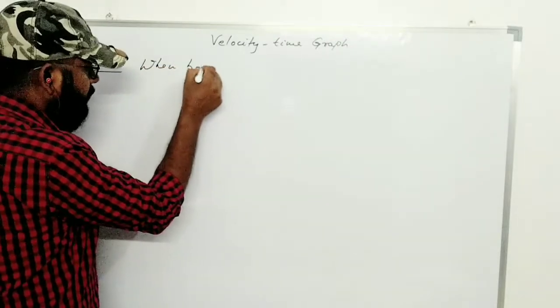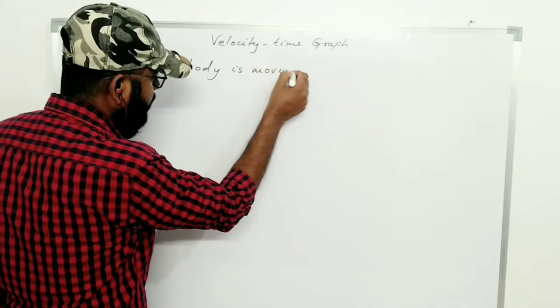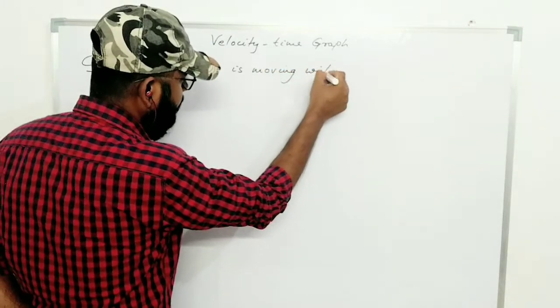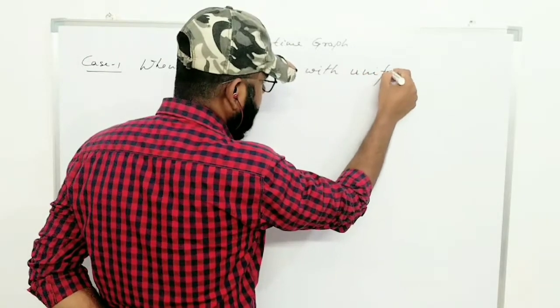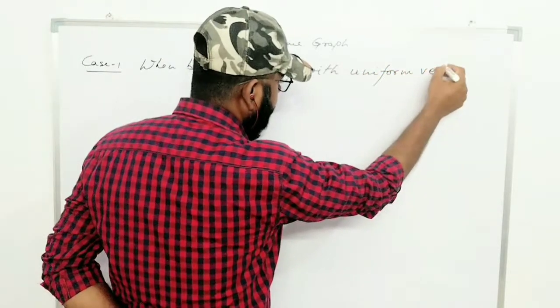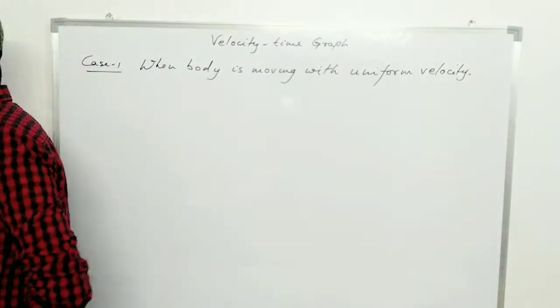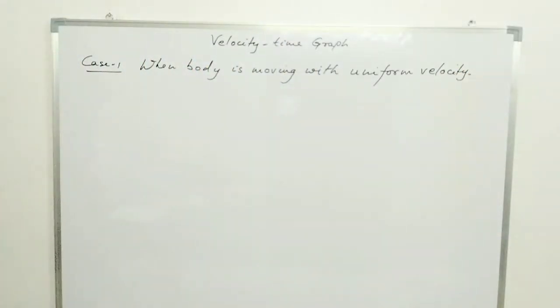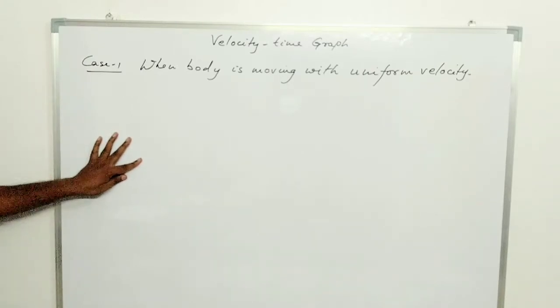When the body is moving with uniform velocity, neither its magnitude nor its direction changes.